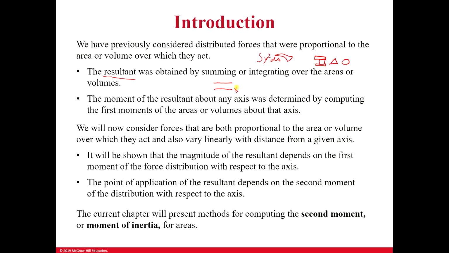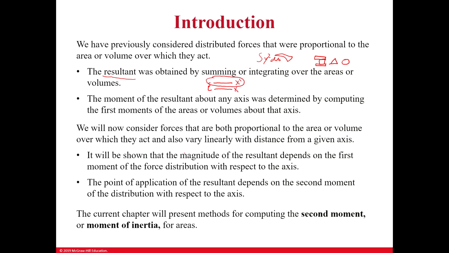So if this is axis x, there's a method to let us compute the moment around x prime. That is important because when we have a geometry that is not symmetrical, we might want to balance every force around a different axis. So we'll see how to do that in a minute too.